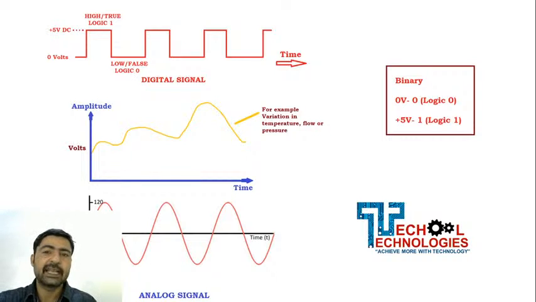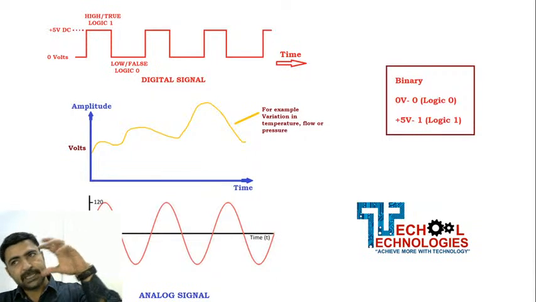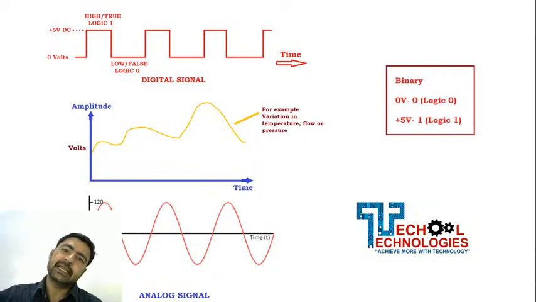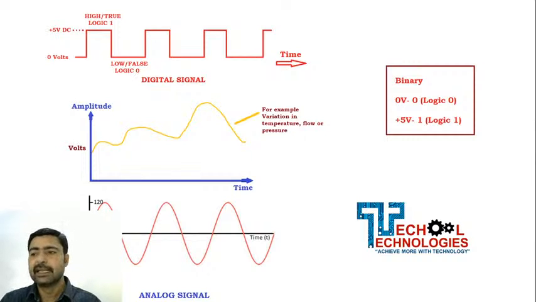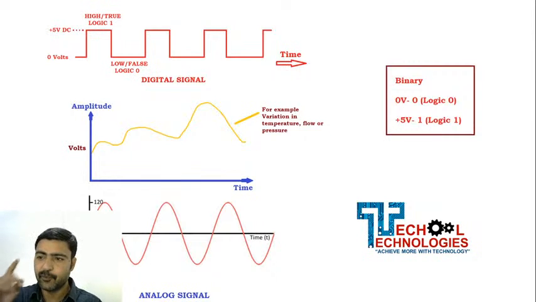Boolean was a scientist who had different theories too. I'm not going to discuss all those theories at this age, because it will be confusing. But think of it this way: if it is 0 volt, we'll say it is binary 0, and if it is 1, we'll say it is binary 1 or logic 1.